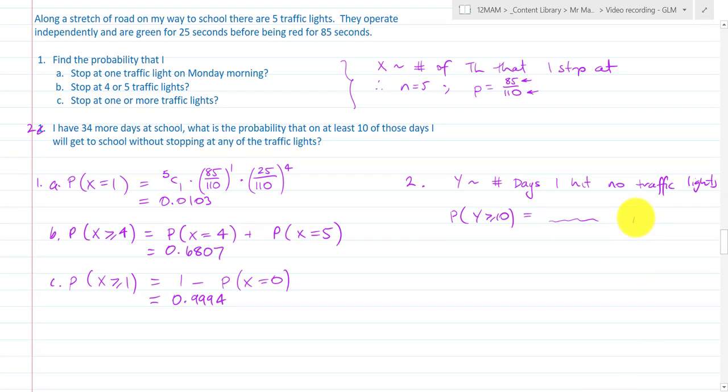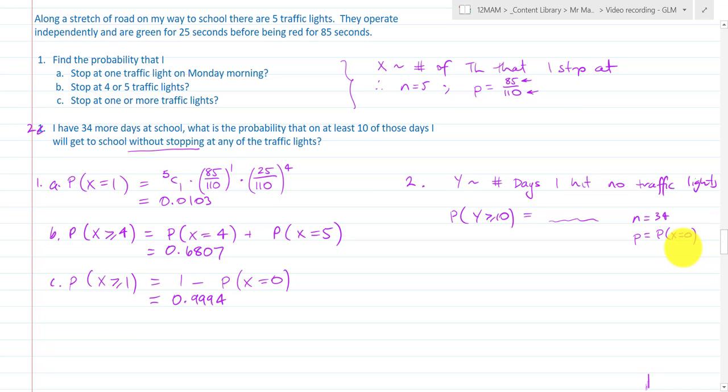But more importantly, I know that n equals 34, and I know that p is equal to the probability of stopping at no traffic lights, so without stopping at any traffic lights, which is equal to the probability that X equals 0 in our previous design.